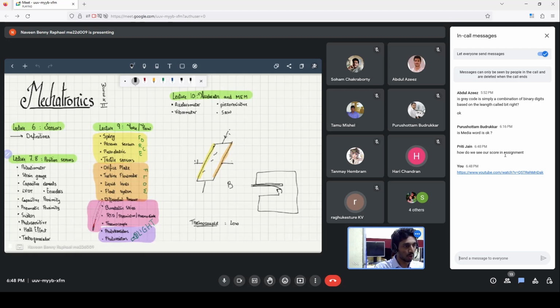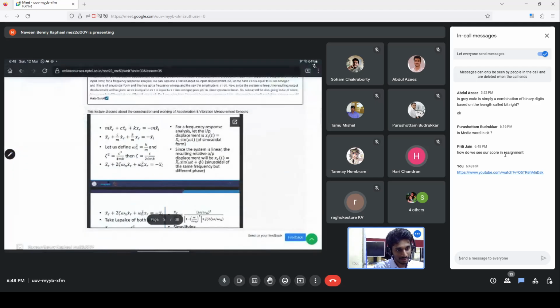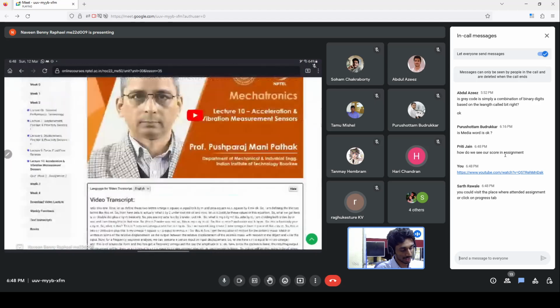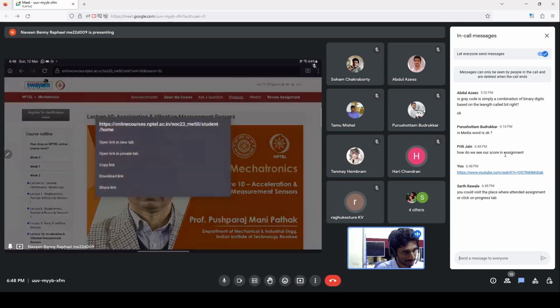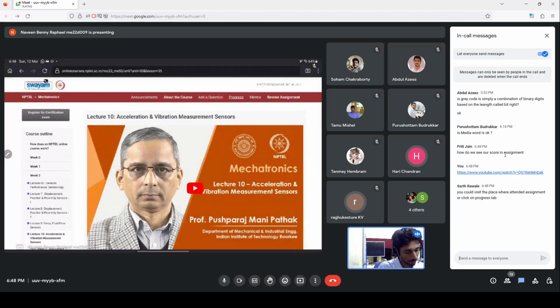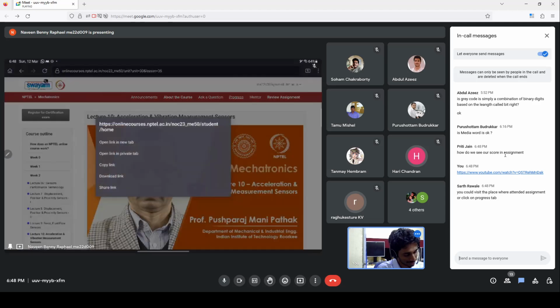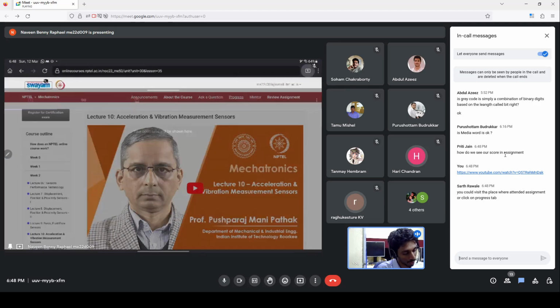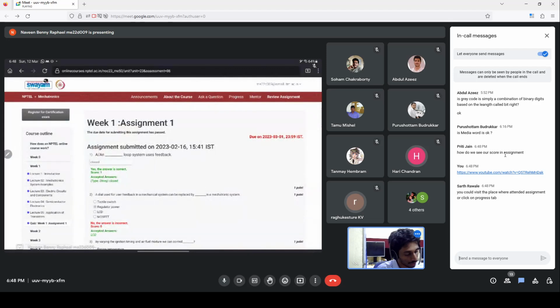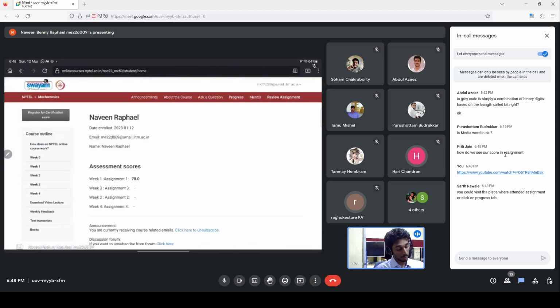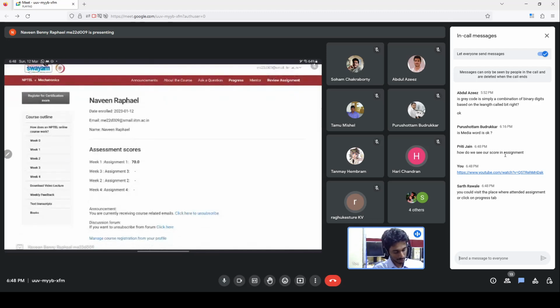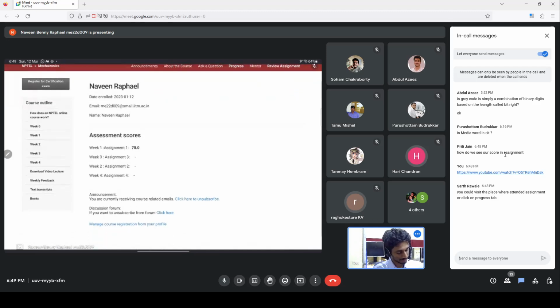To see your score in the assignment, as Raghu pointed out, right now the easiest way is to check your progress. Once you open the SWAYAM portal, the online course NPTEL site, you can click progress, and when you open progress, it will tell you what marks you get, and so on.